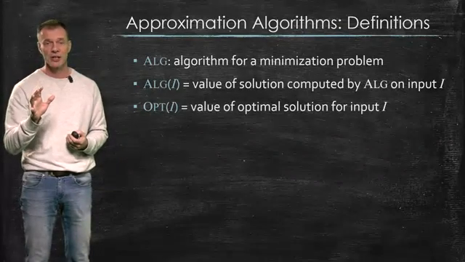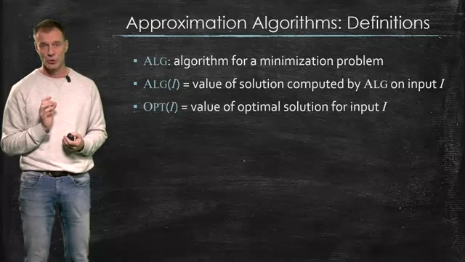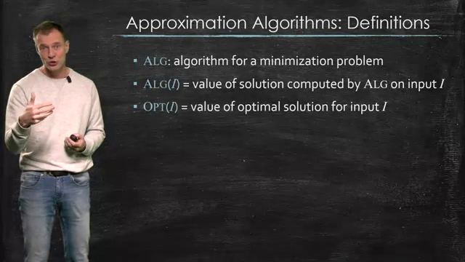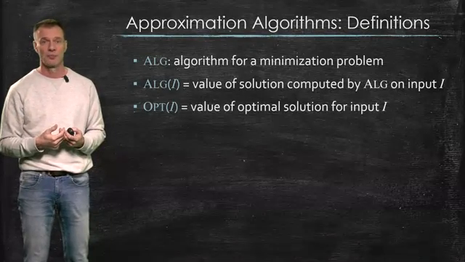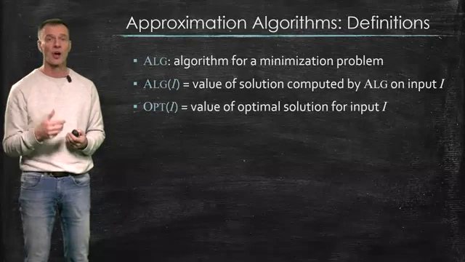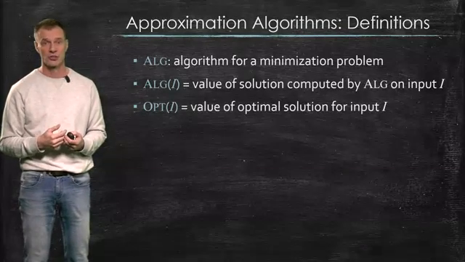Let's define ALG(I) to be the value of the solution the algorithm computes when it gets an input I, and let OPT(I) be the optimal value for this particular instance.